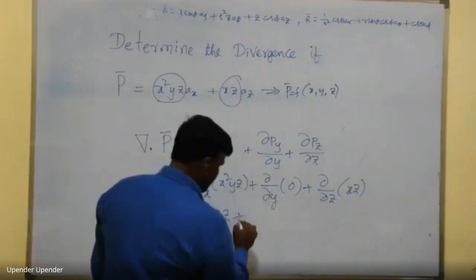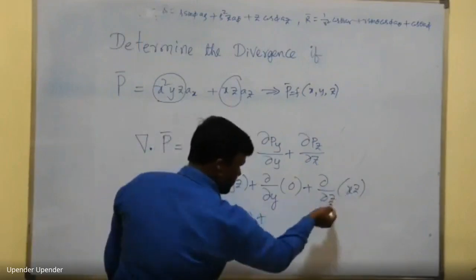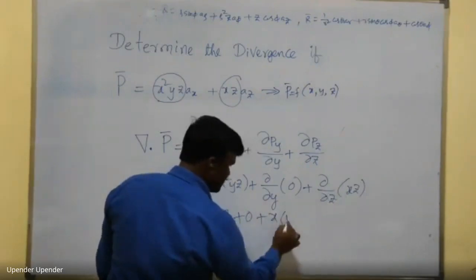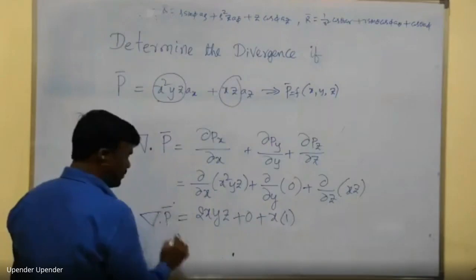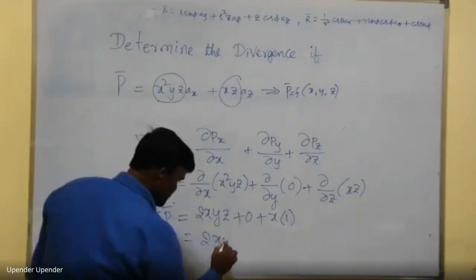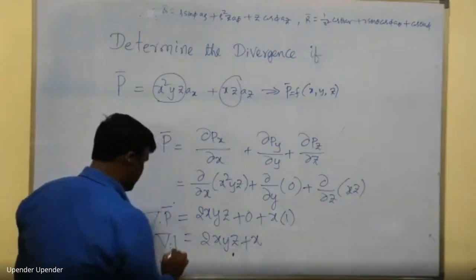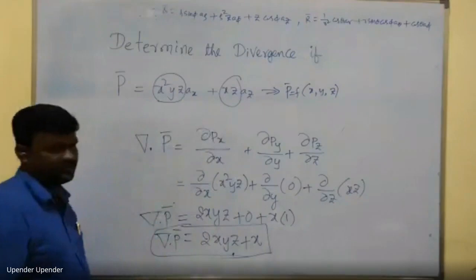And here it is 0 plus differentiation with respect to z, where x is treated as constant, that is x into 1. Answer is del dot p bar is equal to 2xyz plus x. This is the divergence of given p bar.